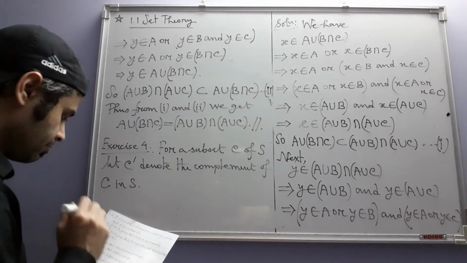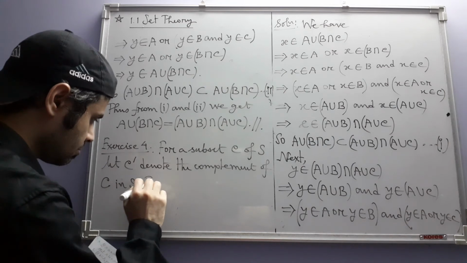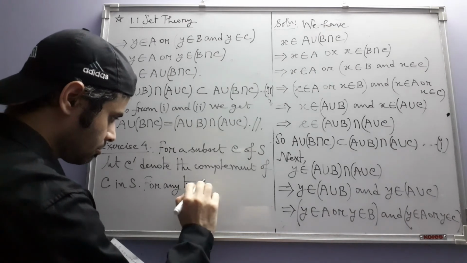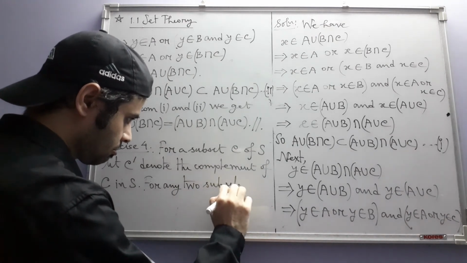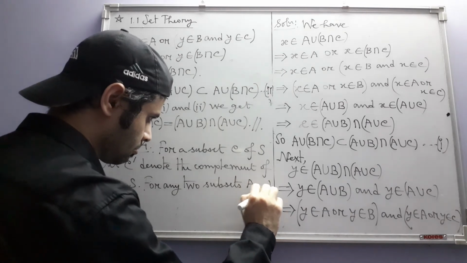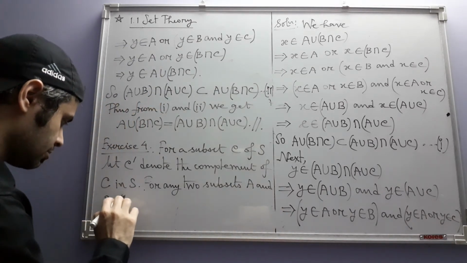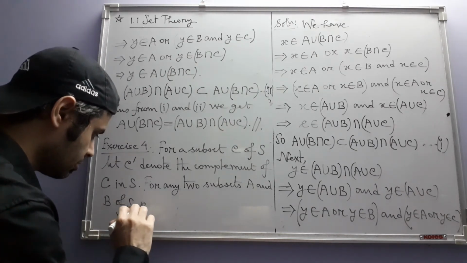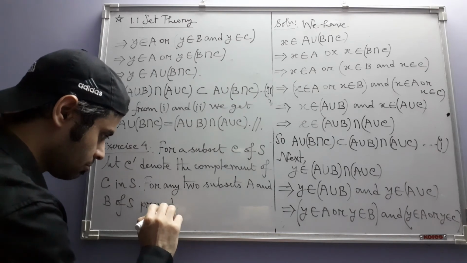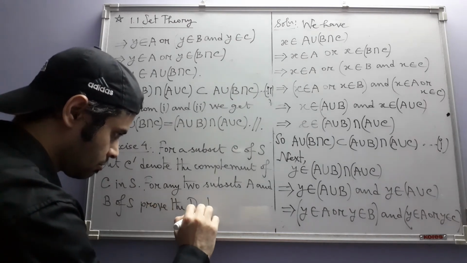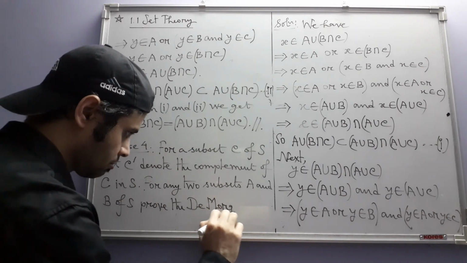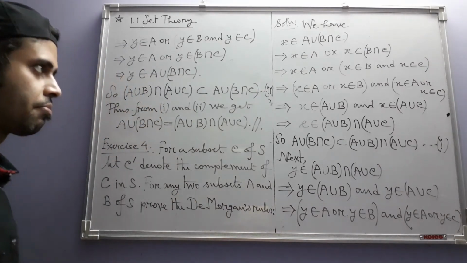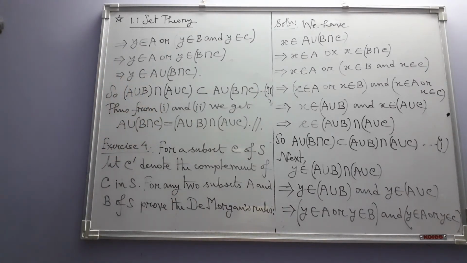In S, okay, for any two subsets A and B of S, prove the De Morgan's rules. So what are the De Morgan's rules?